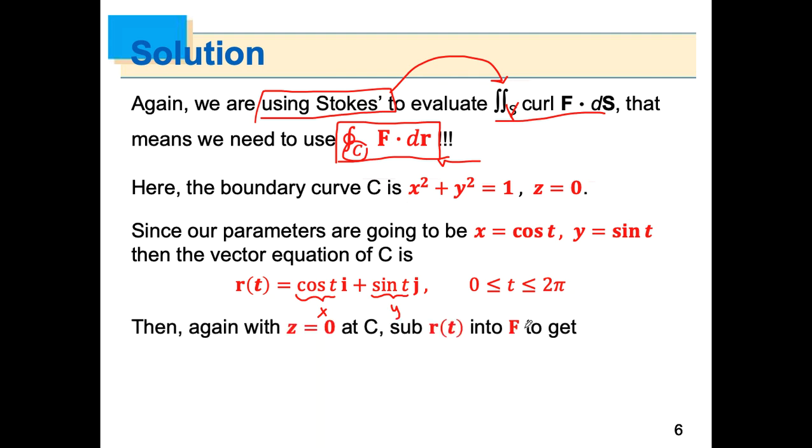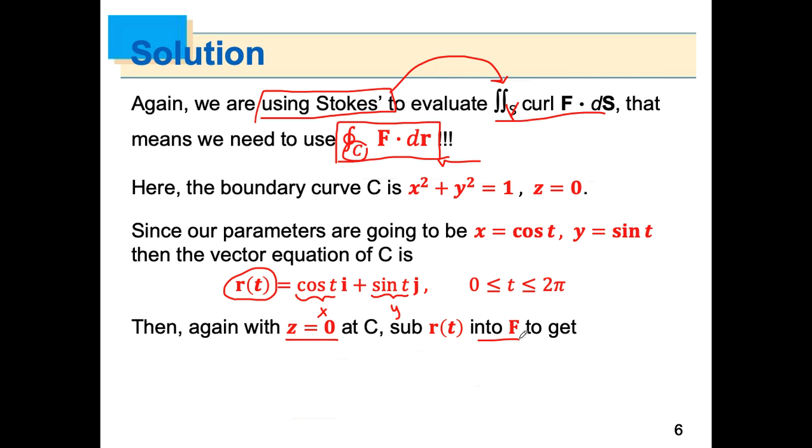Now, since z equals 0, I'm going to substitute my r of t vector into F. You remember that vector field from the previous slide.